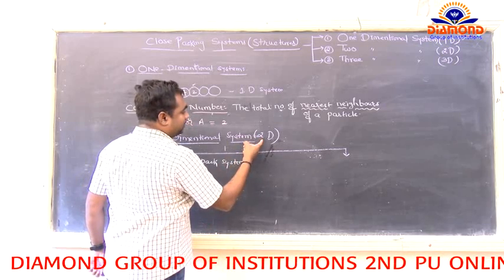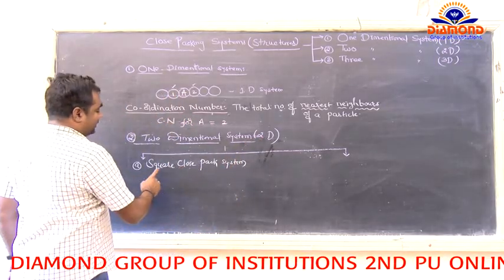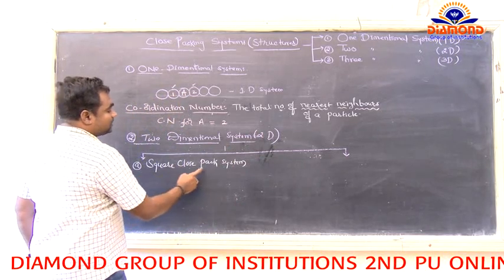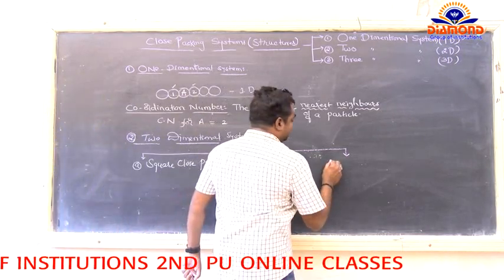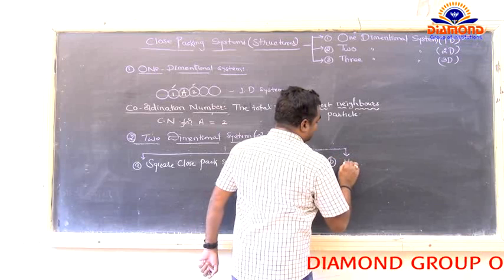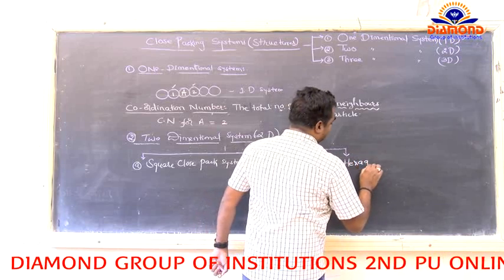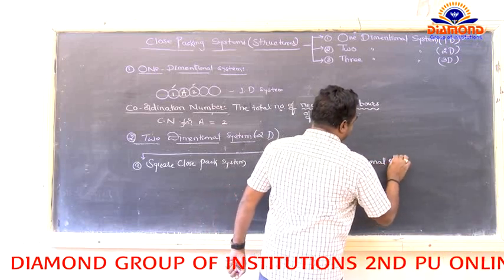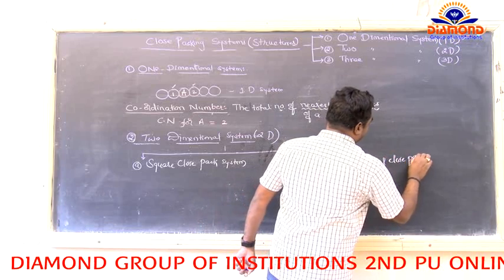The second one is the hexagonal closed packed structure.